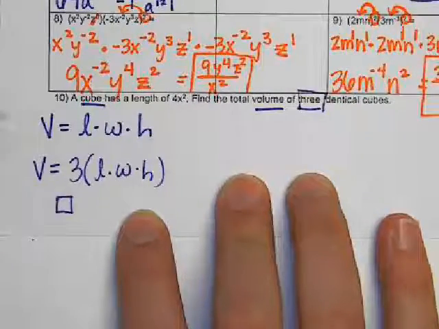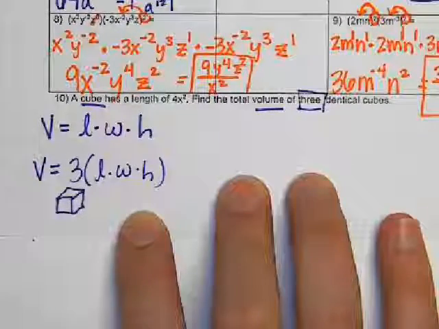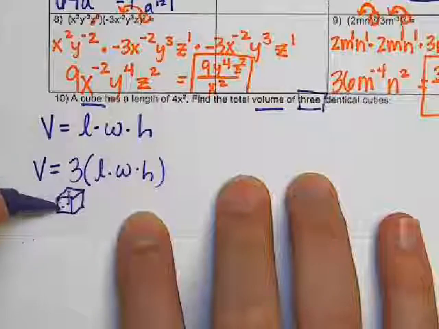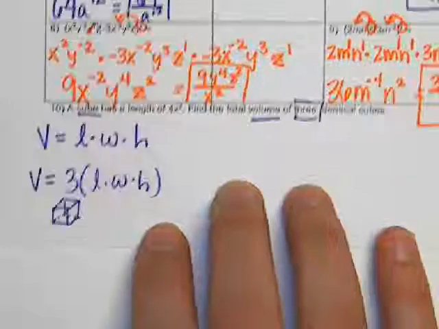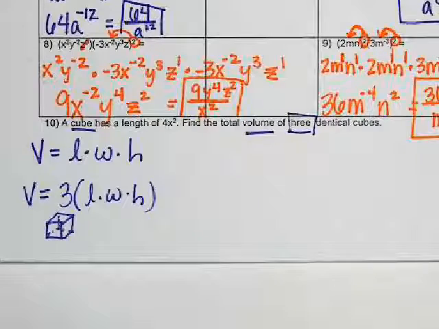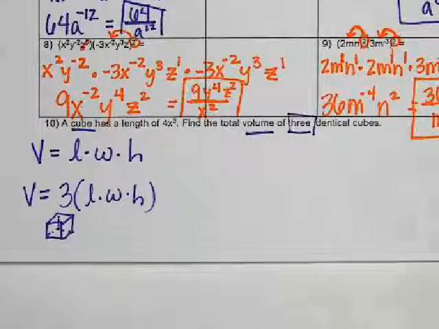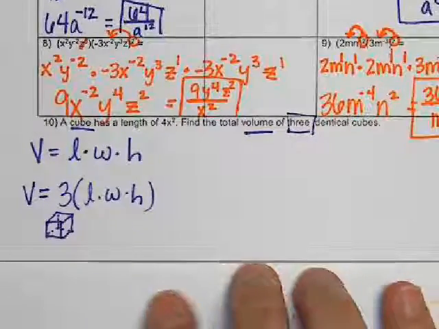Here's a square, but it's a prism like this. Okay? And all the sides are the same because it starts with a square. So, if you know the length is 4x squared, what's the width? 4x squared. What's the height?